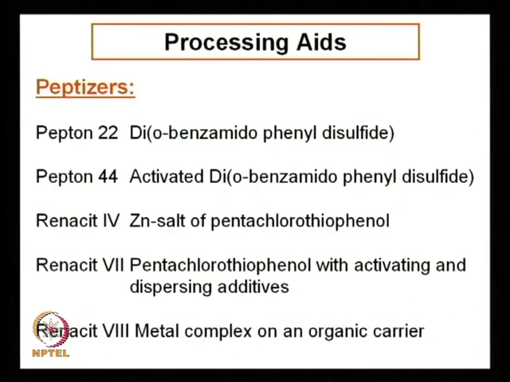Processing aids, peptizers. While incorporating these additives in rubbers, we need to decrease the viscosity of the raw polymer. Say, for example, if the Mooney viscosity of the raw polymer, ML 1+4 at 100 degrees Celsius, is 50, then you cannot incorporate any of these additives.